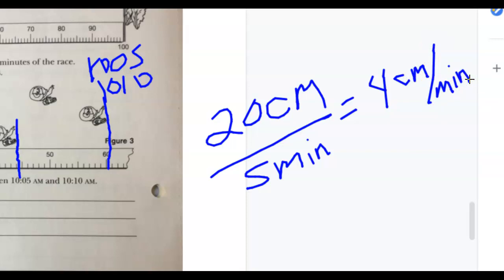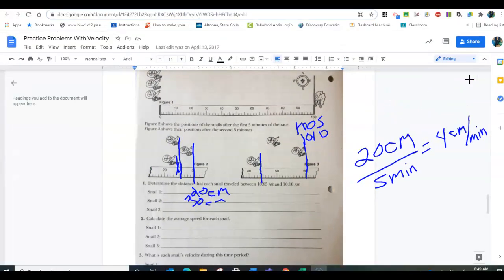You can't just write m because m technically means meters. So number 2, it went 30 centimeters in 5 minutes. Well, 30 divided by 5 is 6 centimeters per minute.